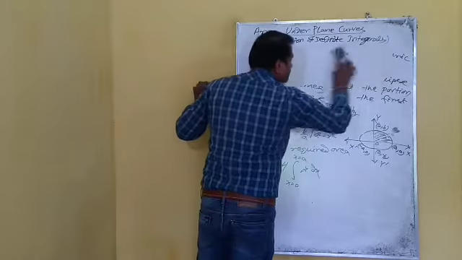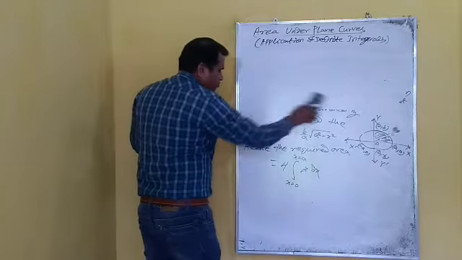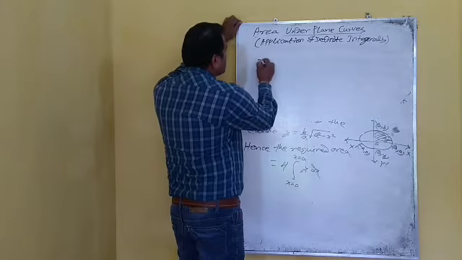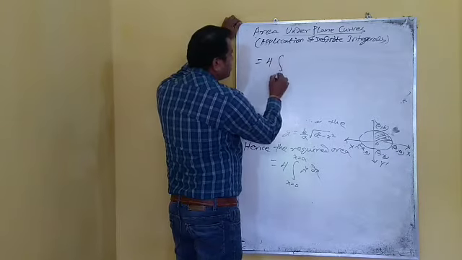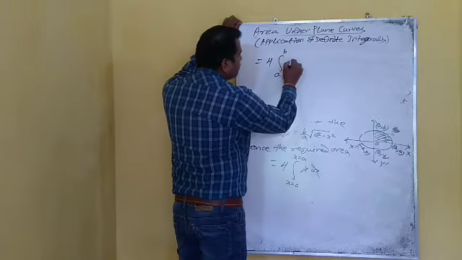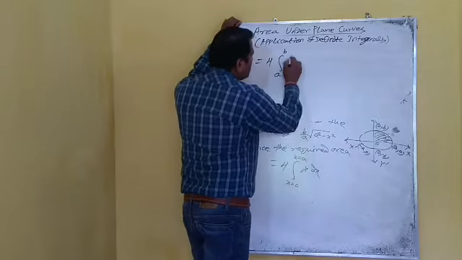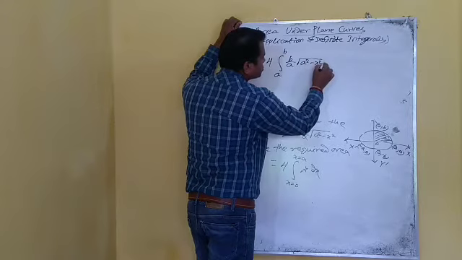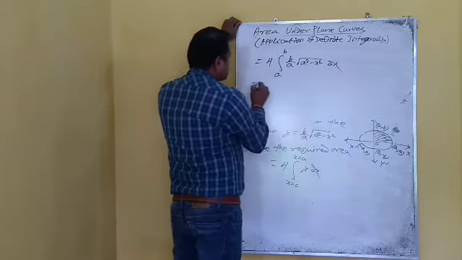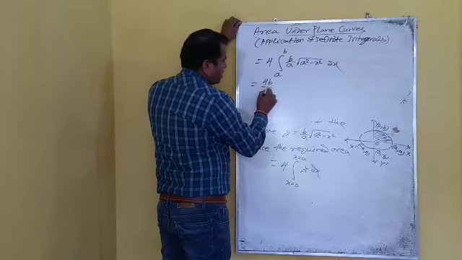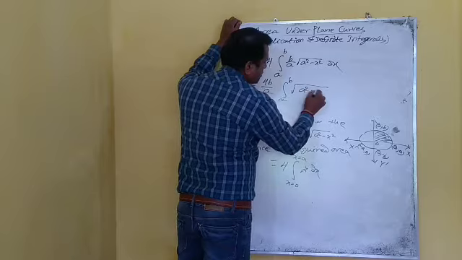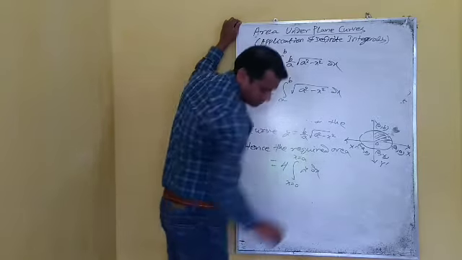Now 4 times the integral from 0 to a of y dx, here that equals 4 times the integral from 0 to a, in place of y put b by a root over a square minus x square dx, that is 4b by a times the integral from 0 to a of root over a square minus x square dx.